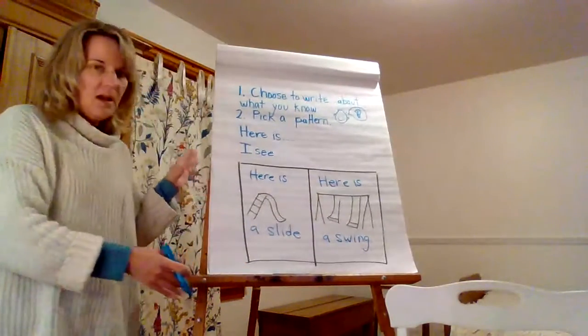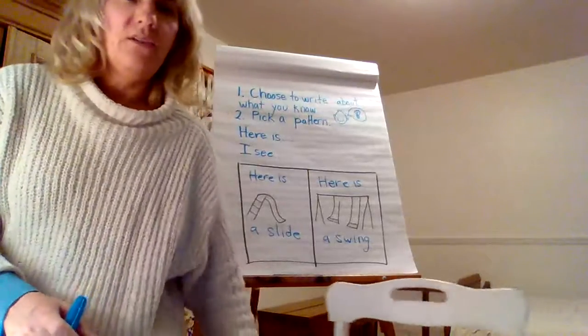So let's think about how we could do some other pattern books that might be similar to that. Let's say you wanted to do things in the classroom. You could say, "Here is a desk. Here is a book. Here is the teacher," right? Maybe you want to do something about what's at your home, right?